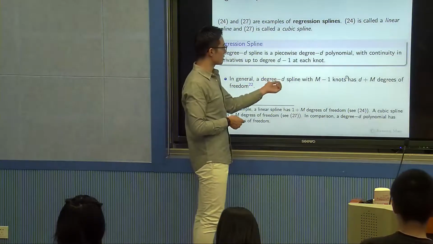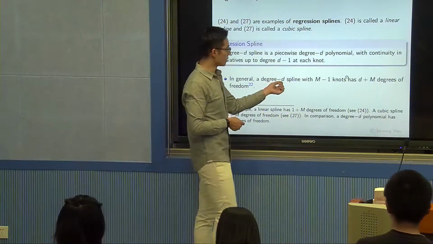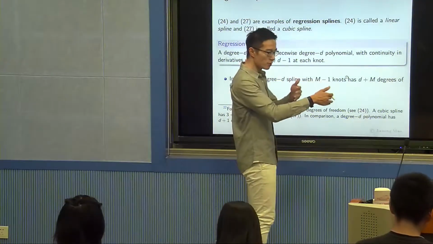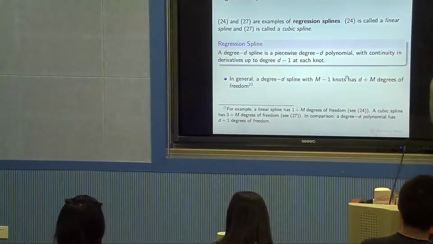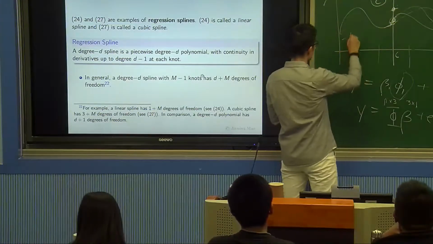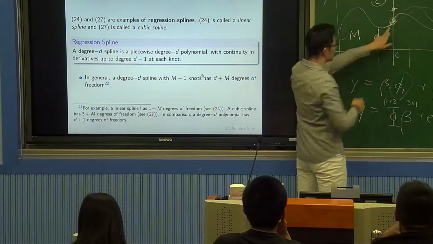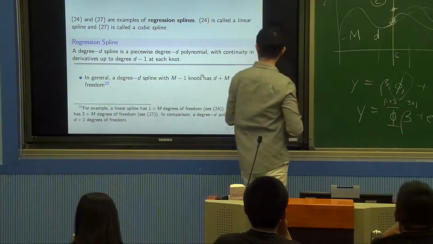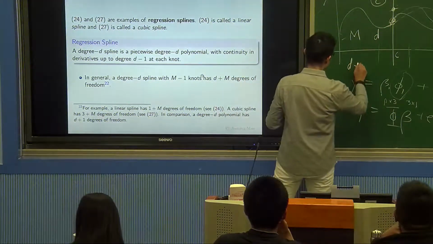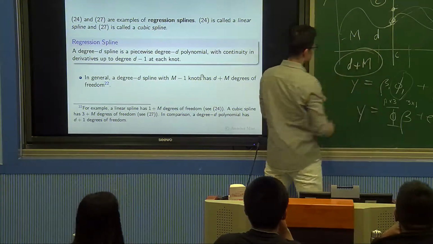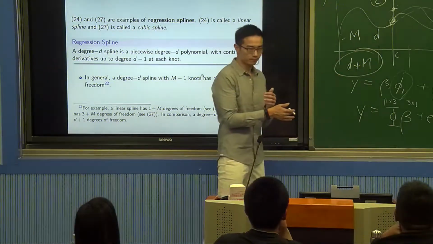In general, if we have a degree d spline with m regions, where in each region we fit a degree d polynomial, then together we have d plus m parameters to estimate.